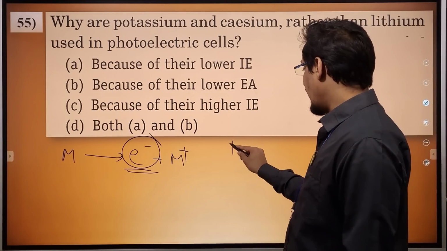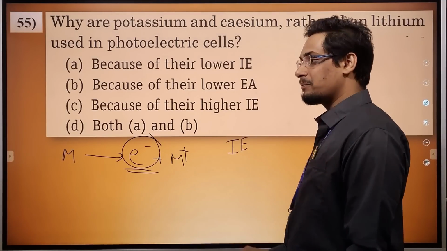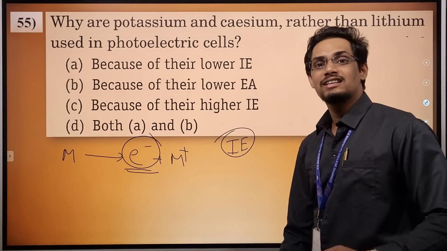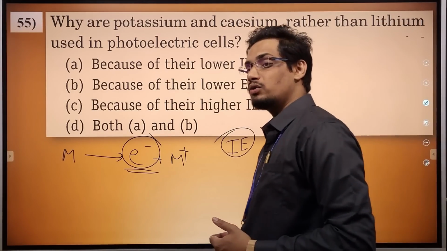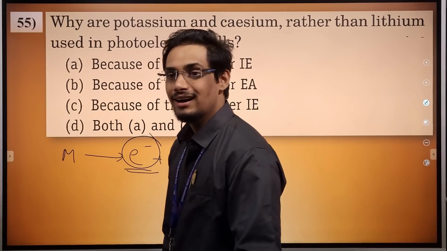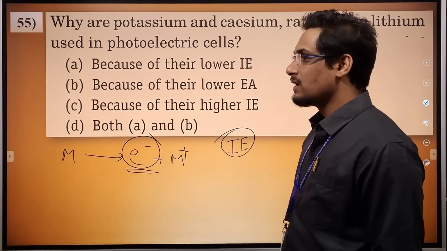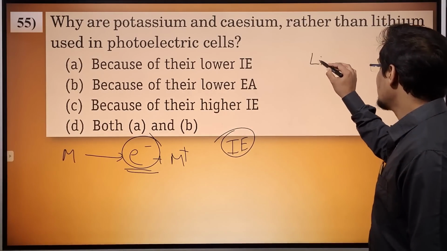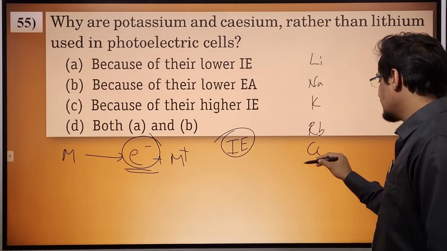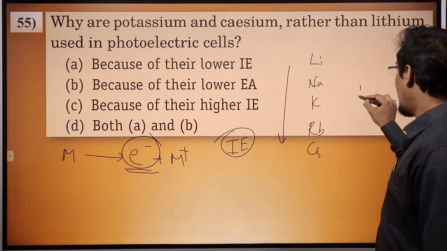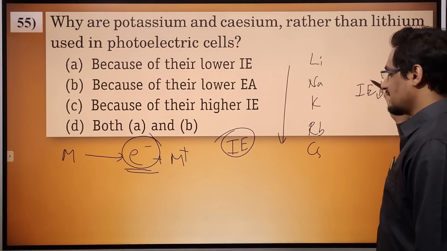We call it ionization enthalpy. Correct? The amount of energy required to remove that electron. If the amount of energy required to remove that electron is lesser, that is more favorable. As we know, lithium, sodium, potassium, rubidium and cesium, as we go down the group, ionization enthalpy decreases.